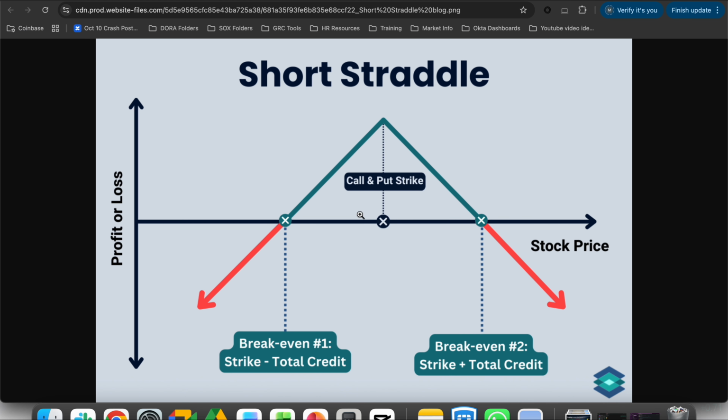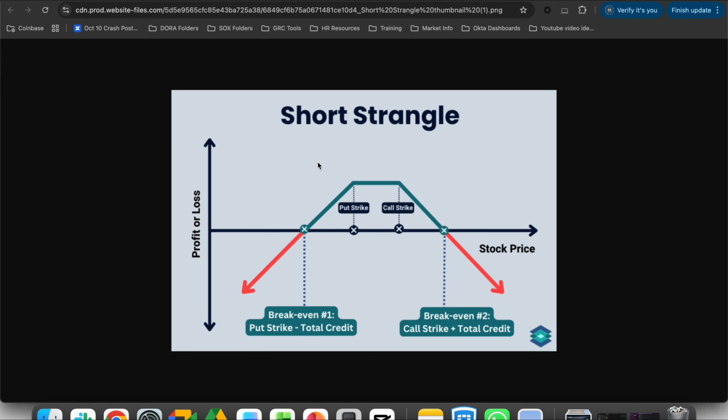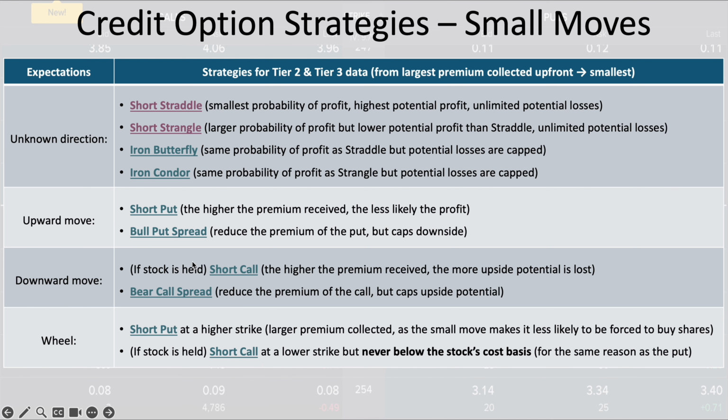You have the short straddle, which is basically the opposite of the long straddle, all right. You sell at the money call and put, all right. Again, short strangle, it is the reverse of the long strangle. You sell out of the money put, out of the money call.